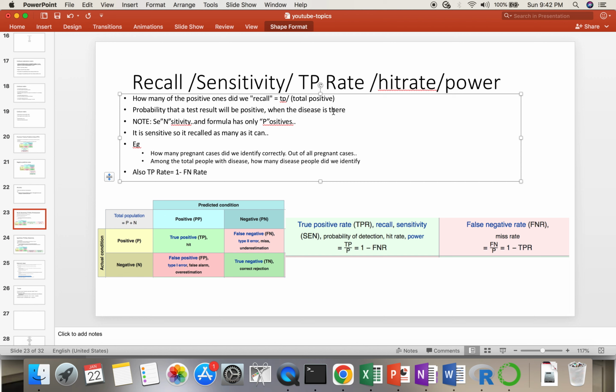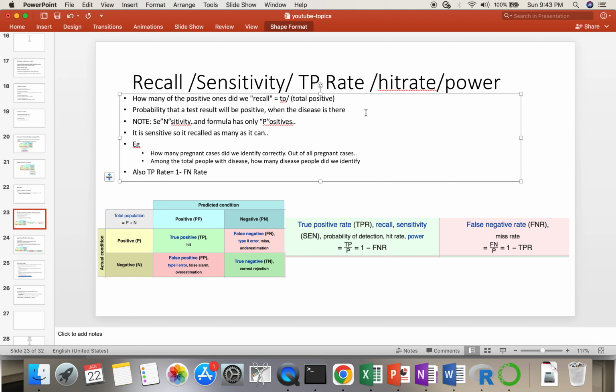So when the disease is there, actually, what is the probability that a particular test, for example a COVID RT-PCR test, will be positive when the person has COVID? If you do the RT-PCR test on multiple people, classify them as COVID cases and non-COVID cases, create a confusion matrix and calculate the sensitivity or recall metric, that tells us how sensitive the test is.